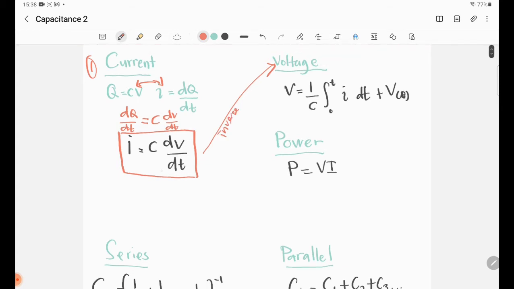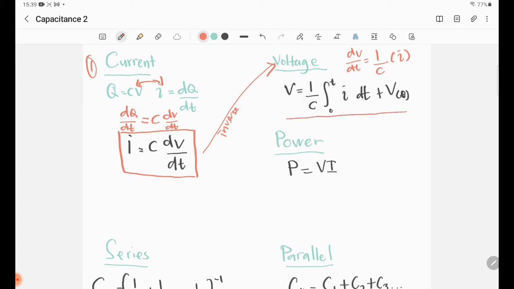So dV over dt is, C we bring to the other side, 1 over C multiplied by I. Then we want to leave the term V only, so the derivative we move to the other side and it becomes an integration. So V equals 1 over C integral from 0 to t of I dt plus V naught.